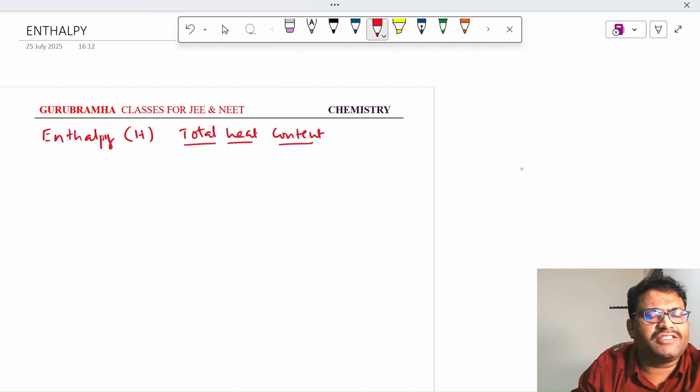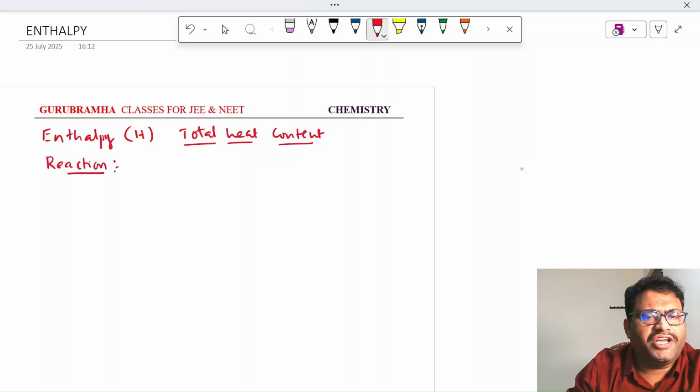For example, let us take a reaction, general format: A gives rise to B. A is the reactant and B is the product. A is having, let us take, 5 joules of energy and B is having 7 joules of energy.